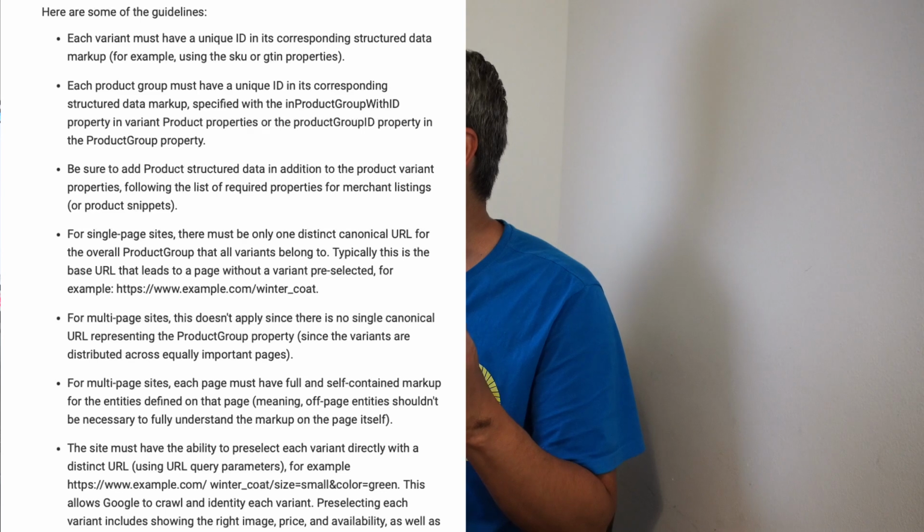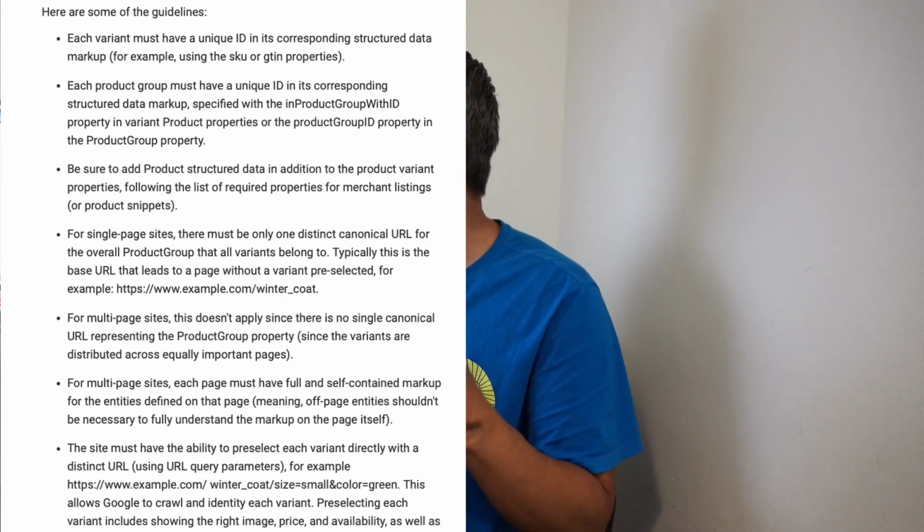So back to the point. As you can see on the screen, there are quite a few variants here. Each variant must have a unique ID in its corresponding structured data markup. Each product group must have a unique ID in its corresponding structured data markup, specified with the inProductGroupWithID property in variant product properties, or the productGroupID property in the product group properties.